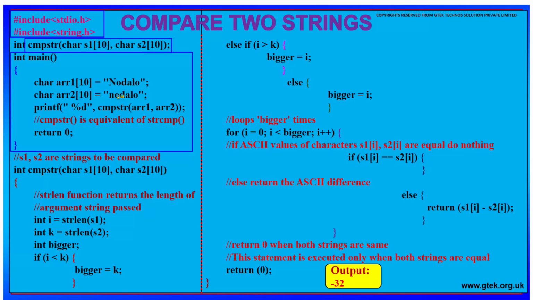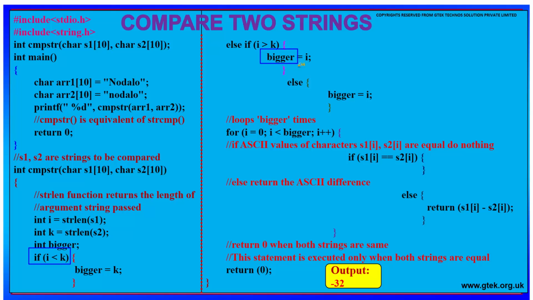That is, in this case I have two strings stored in array 1 and array 2. Passing those array 1 and array 2 in my compare string function cmpstr, we are going to find which of the string is bigger using this if loop, and the bigger one is stored in the term bigger.